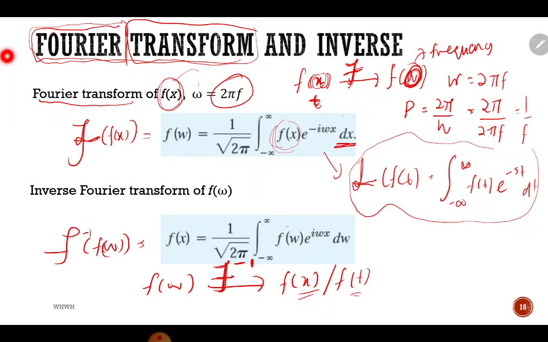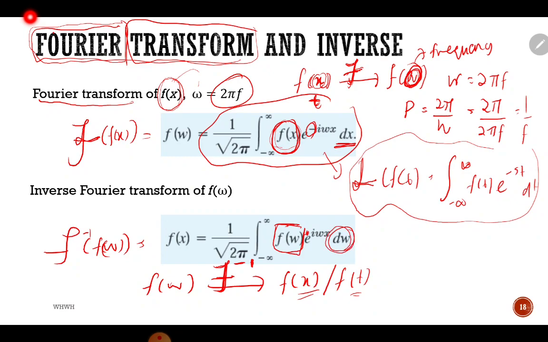The difference from the one above is only the sign: the negative becomes positive, i omega x. But be careful, the function is no more f(x). To find the inverse, of course we start from the frequency domain, so it is F(omega) e to the power of i omega x d omega. So we integrate with respect to omega, or 2 pi f. No need to change to 2 pi, just remain as omega there. So, 1 over square root of 2 pi. Alright.